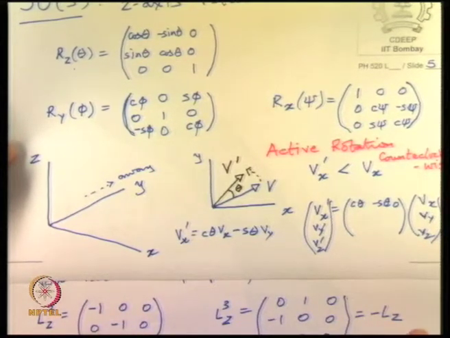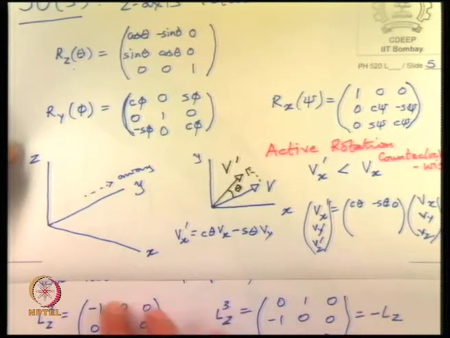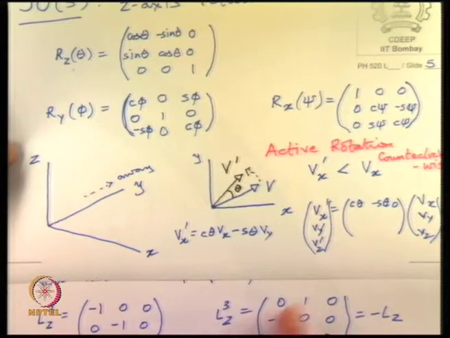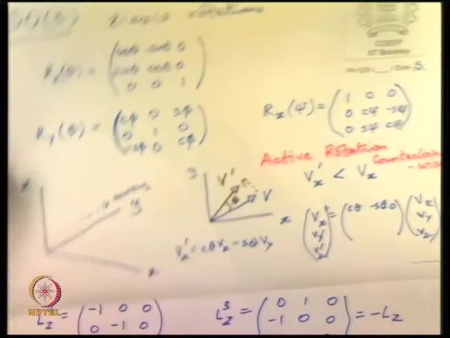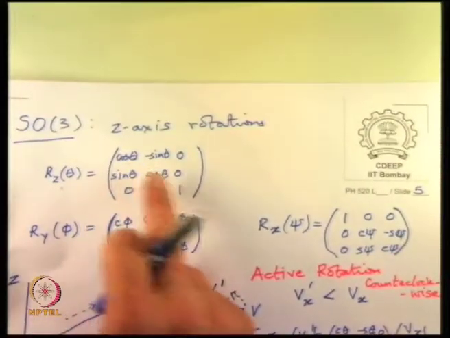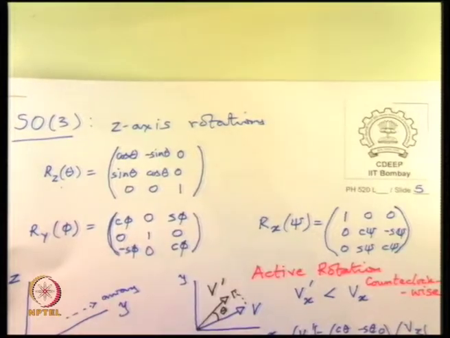So Lz to the 4 will become, sorry, plus signs here. So in the upper corner, the alternating even powers are plus and minus 1s in this corner, and the odd powers are the same as Lz, again fluctuating in sign as you go 1, 3, 5, etc. Right? So if you just raise this to enough powers with theta supplied, you will just recover cosine and sine theta series.